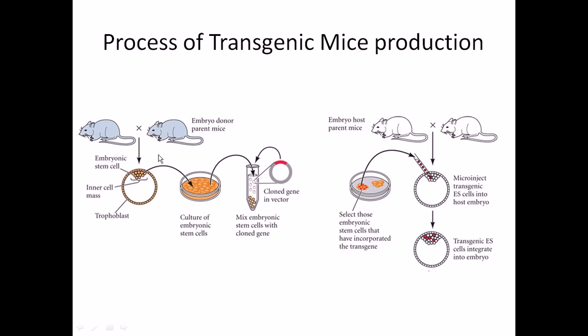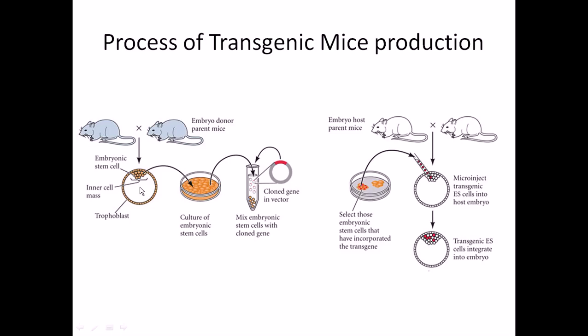For that, we need an embryo donor, and we need not only the female but the male also, because the fertilization has to happen between these embryo donor parent mice. As you can see here, these are the parent mice of the embryo donor, and after fertilization between them, we get the embryo. In that embryo, there are different sections, and one is called the inner cell mass, another one is the outer cell mass.